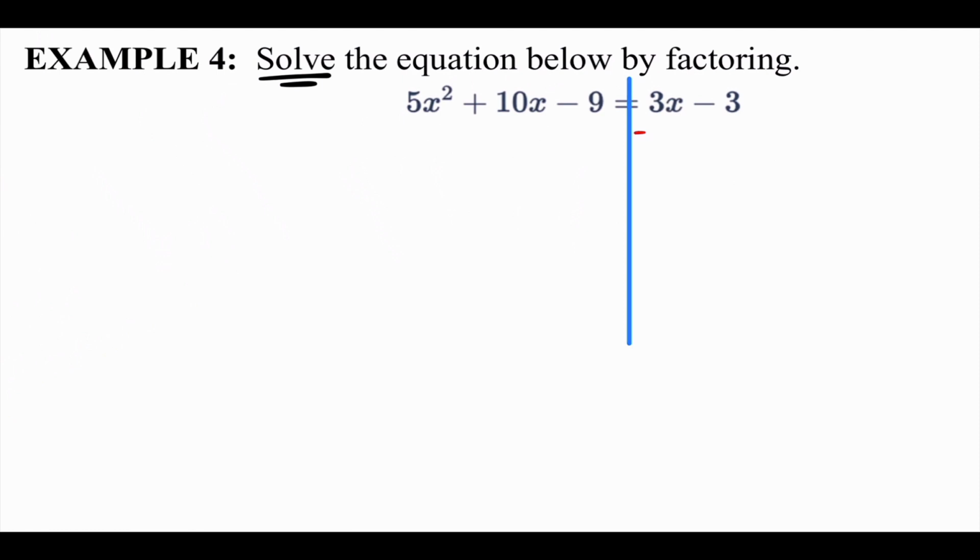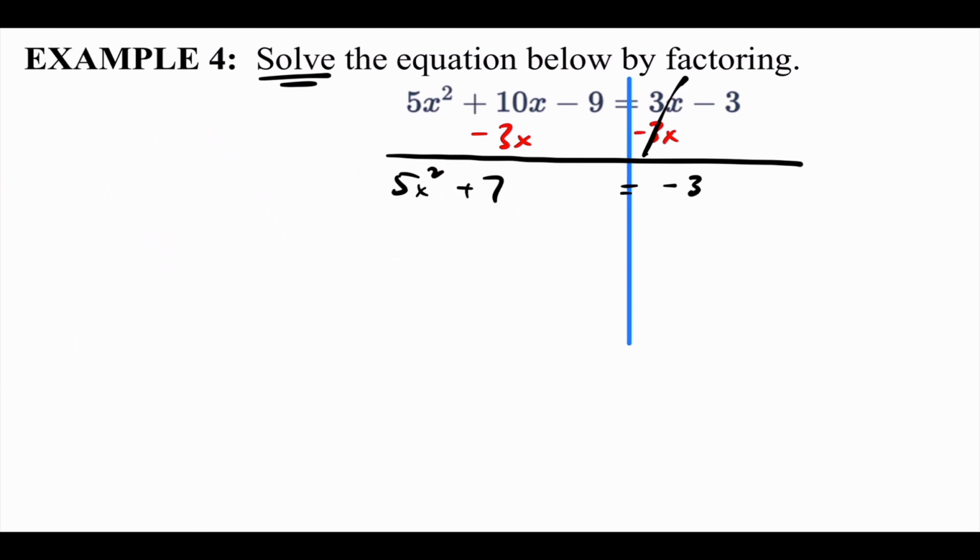So to go across the blue line, I have to do the opposite. So I'm going to subtract 3x from both sides. Positive 10x minus 3 is positive 7x. Positive 3, positive 3.